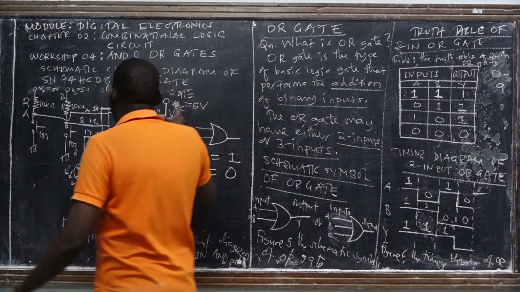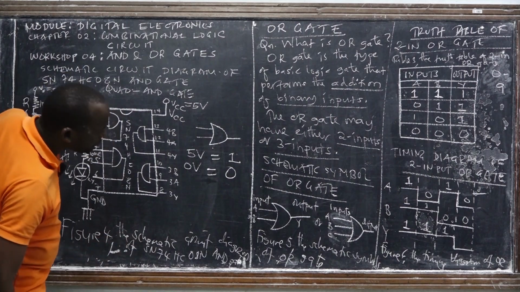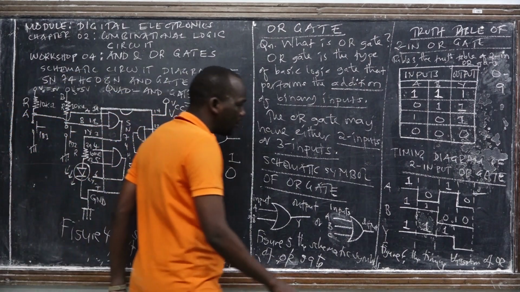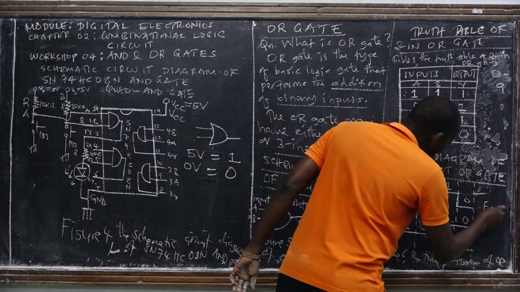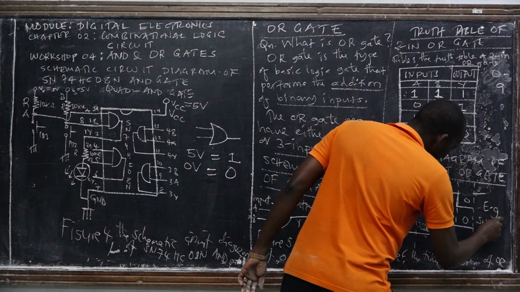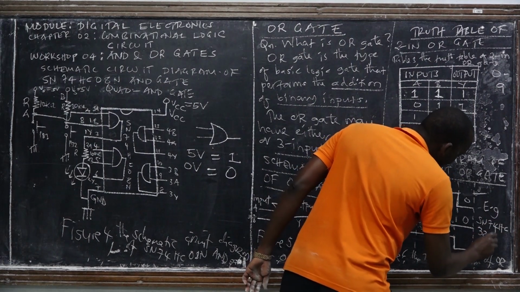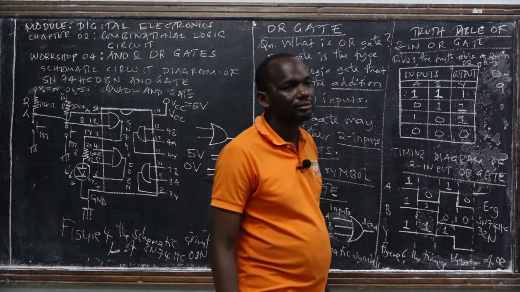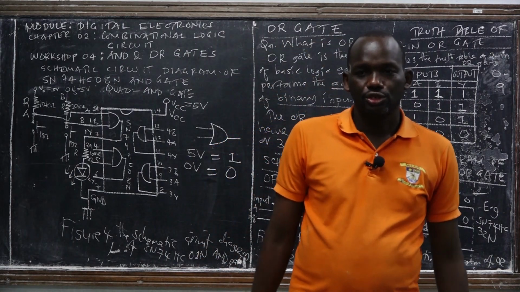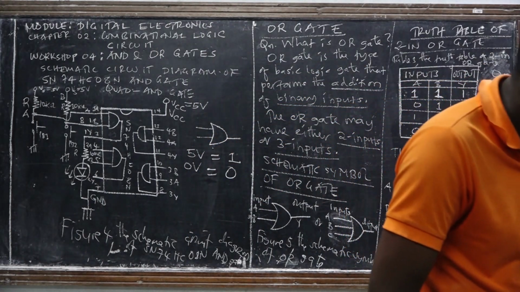Then schematic circuit diagrams of what? The example of OR gate. Say example of OR gate. SN74HC32N. And SN7404N, it's not a gate, right?